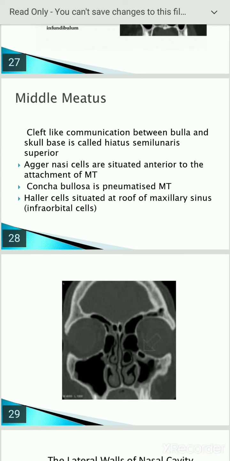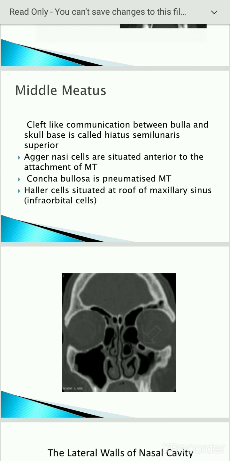We should also know what are Heller cells. Heller cells are situated at roof of maxillary sinus or infraorbital cells. They are also a part of ethmoidal cells.